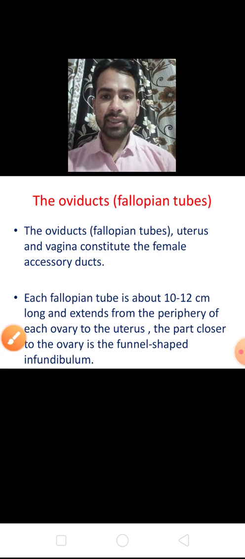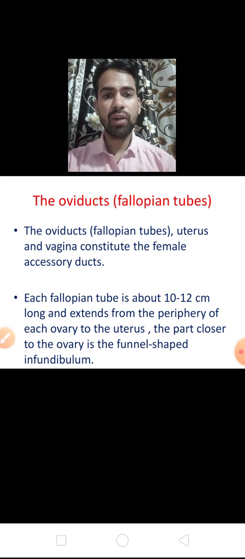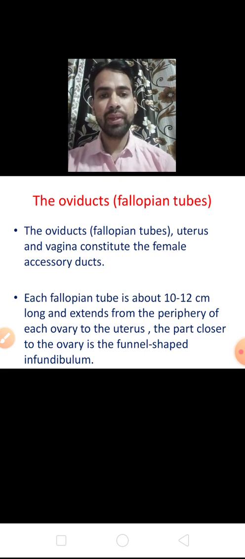Now next, that is oviducts or fallopian tube. Okay, the oviduct or fallopian tube is a site of fertilization, where fertilization takes place. Okay, clear?